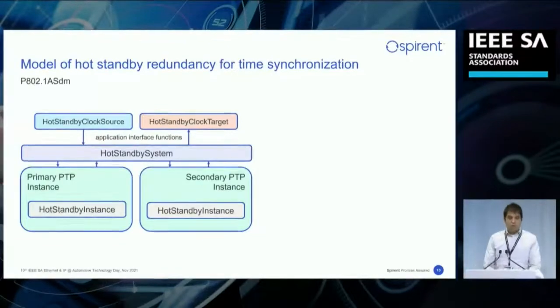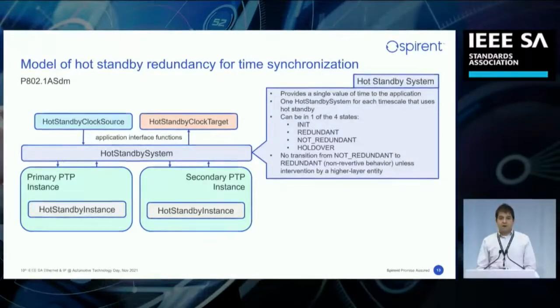Looking into a bit more detail about how this is done in ASDM. ASDM introduces two blocks, the hot standby system and the hot standby instance. The hot standby system is the component that provides a single value of the time to the application.